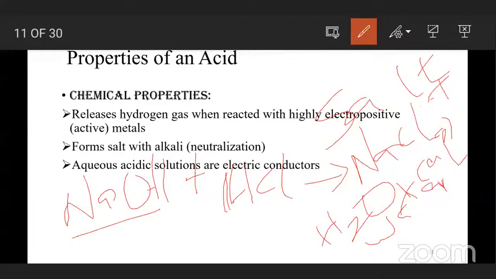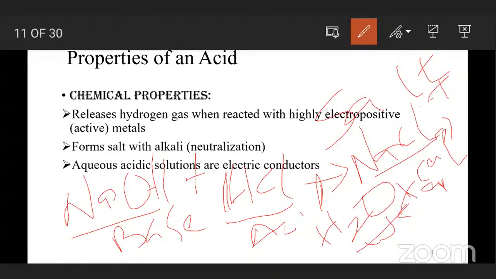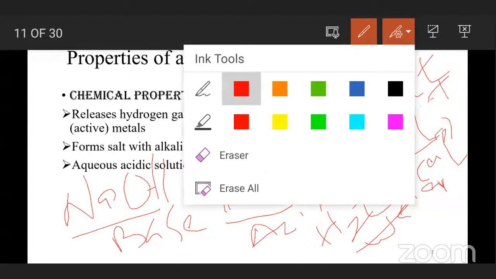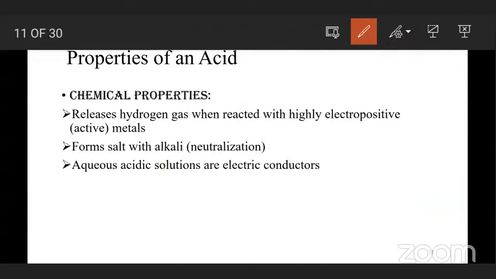So neutralization is when an acid reacts with a base, and then you have salt and water formed. Another chemical property of an acid is conductivity.